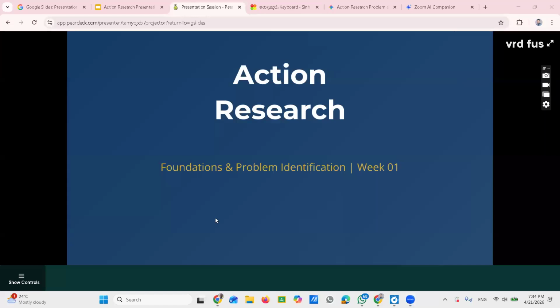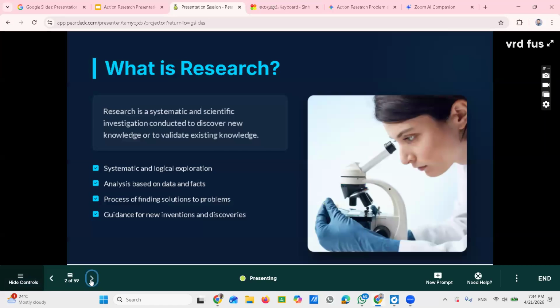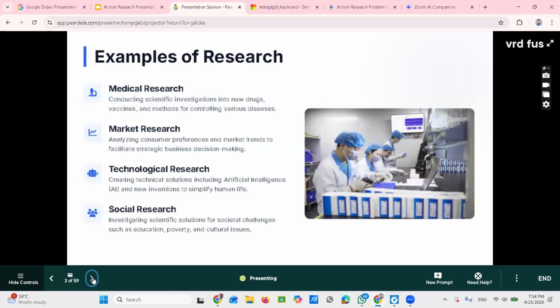Right, the action research that yesterday we started, the first session, first part. First we learned about what is research. Then we identified research as a systematic process. Also, we learned there are two types of research, general research and action research. We discussed some examples that you can do in the research in the field.